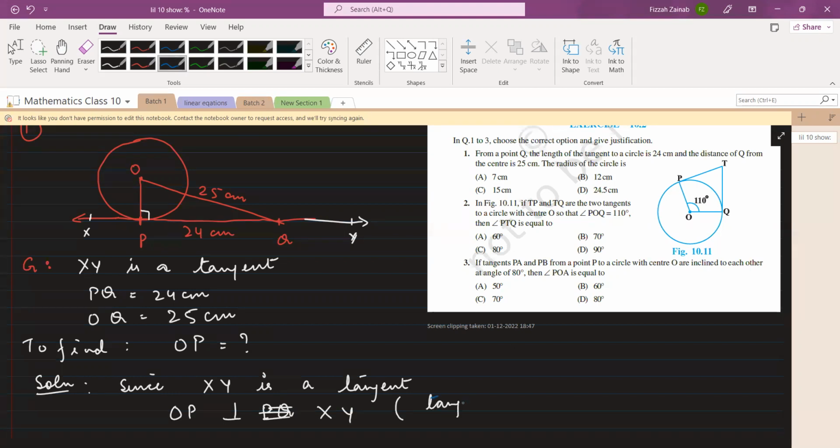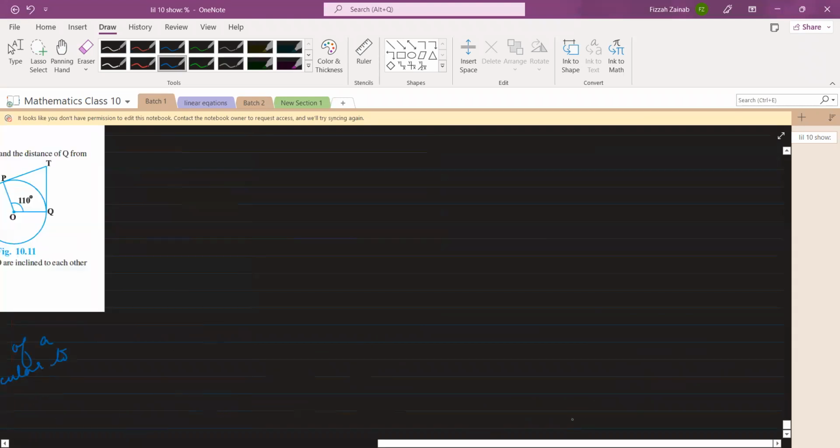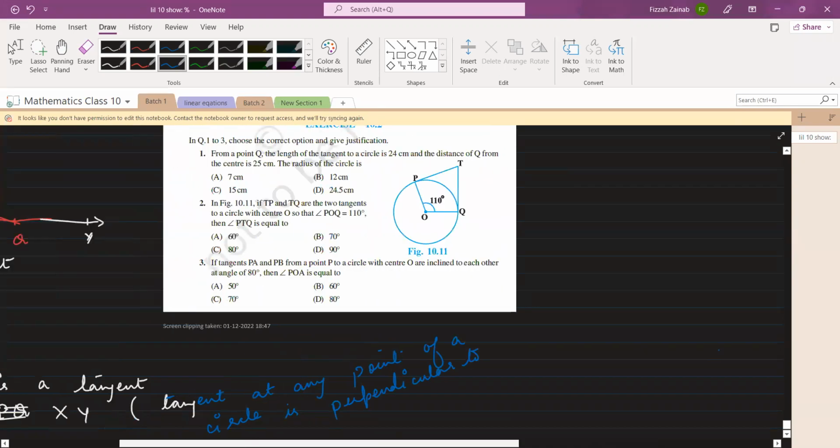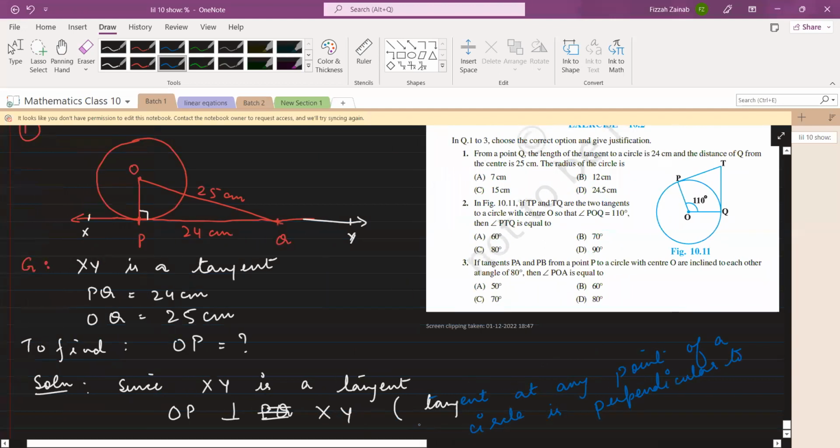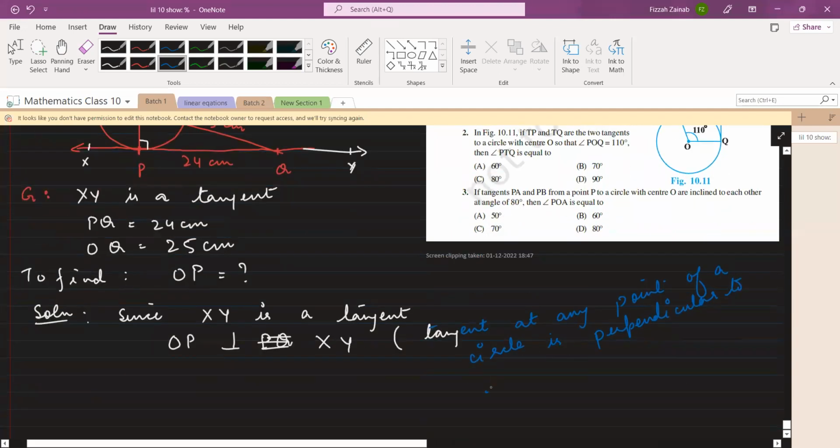Because tangent at any point of a circle is perpendicular to the radius through the point of contact.